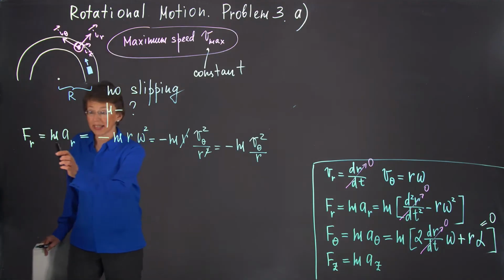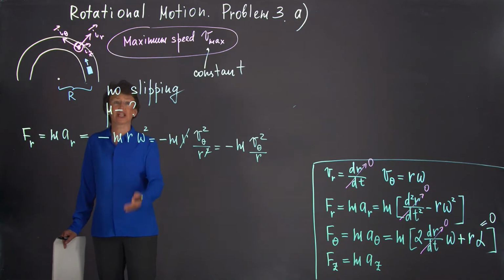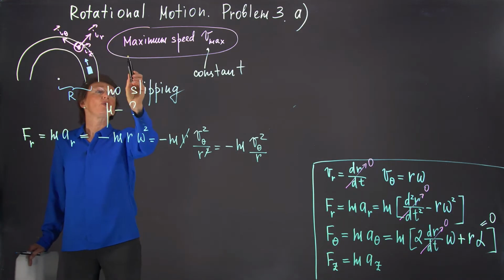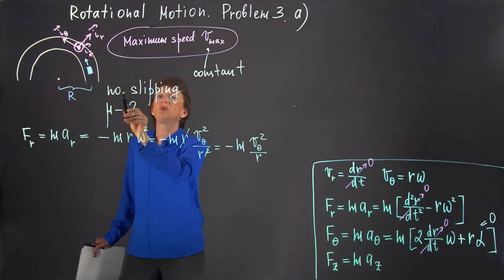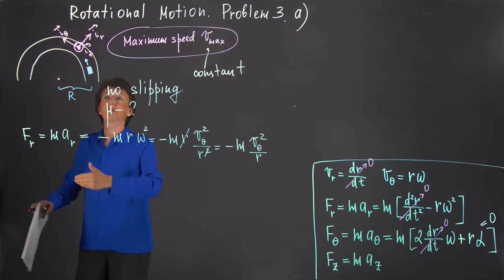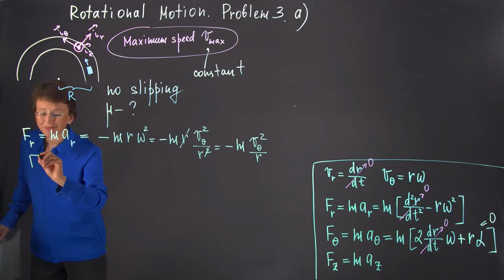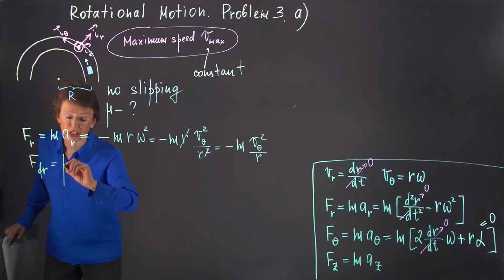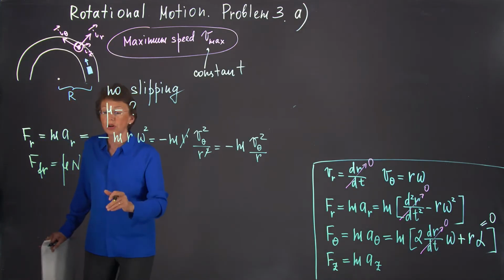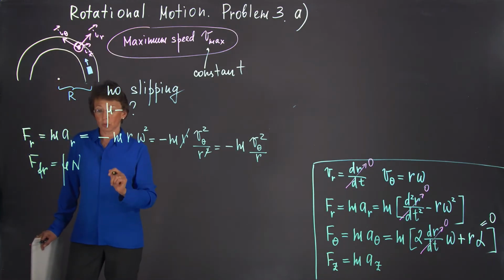And this radial component of force, do we know the nature of this force? Yes, this is the force of friction. And since the car is moving at maximum speed, just before slipping, the magnitude of the force of friction is equal to mu, the coefficient of friction that we are looking for, times the normal force. And I bring this into my FR equation.